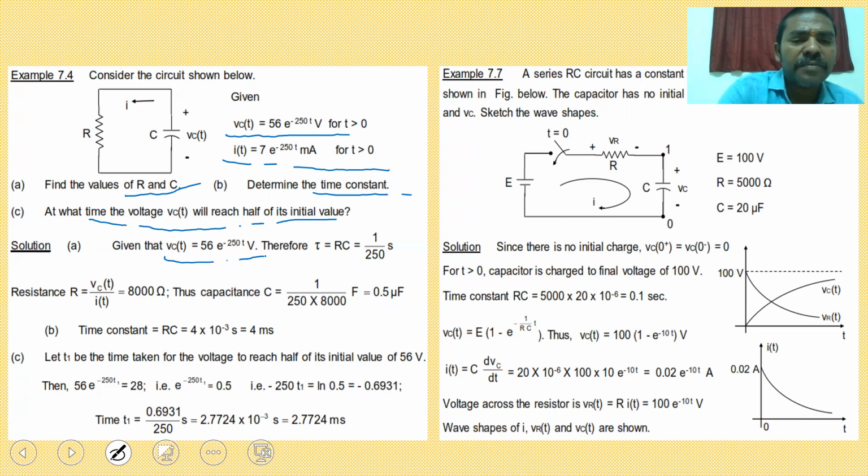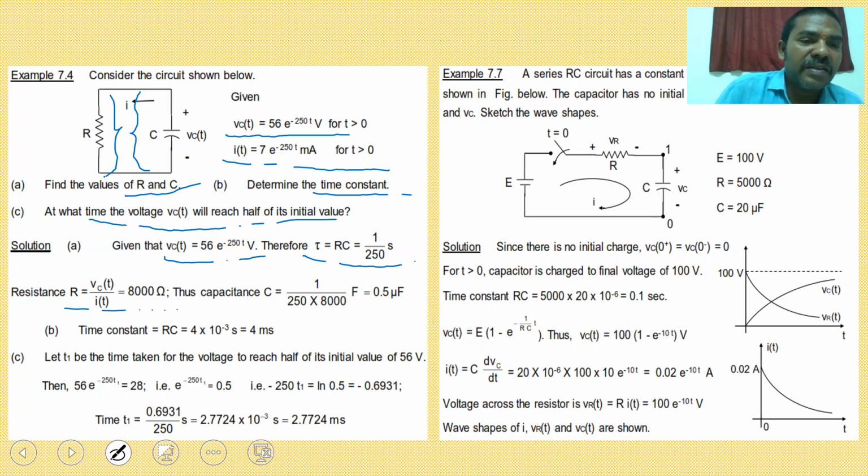So what is tau? Tau is equal to RC, and the RC value is 1 by 250 seconds. The resistor can be calculated as voltage divided by current. Here the voltage drop across the capacitor is the same as the voltage drop across the resistor.